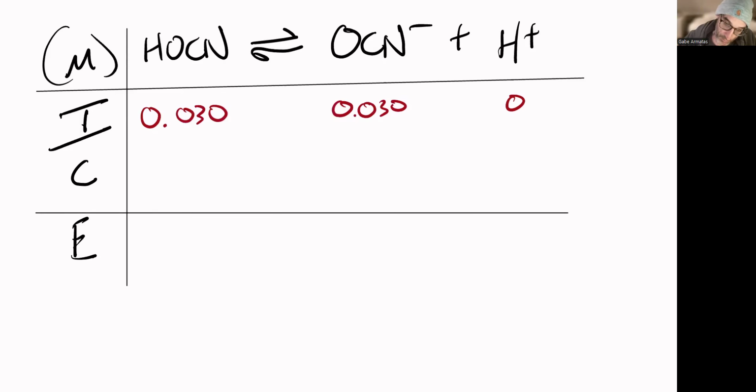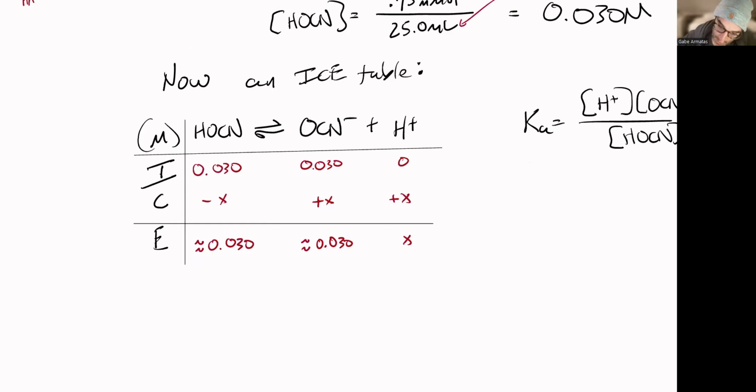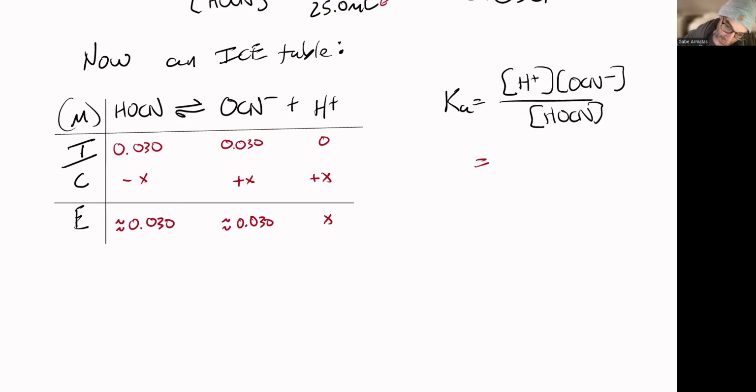I'm going to lose acid, I'm going to gain base, and we are going to assume that that value of x is small, and that we can just ignore x. And so now I can plug everything in because we have the Ka value from above, which is 3.5 times 10 to the minus 4.